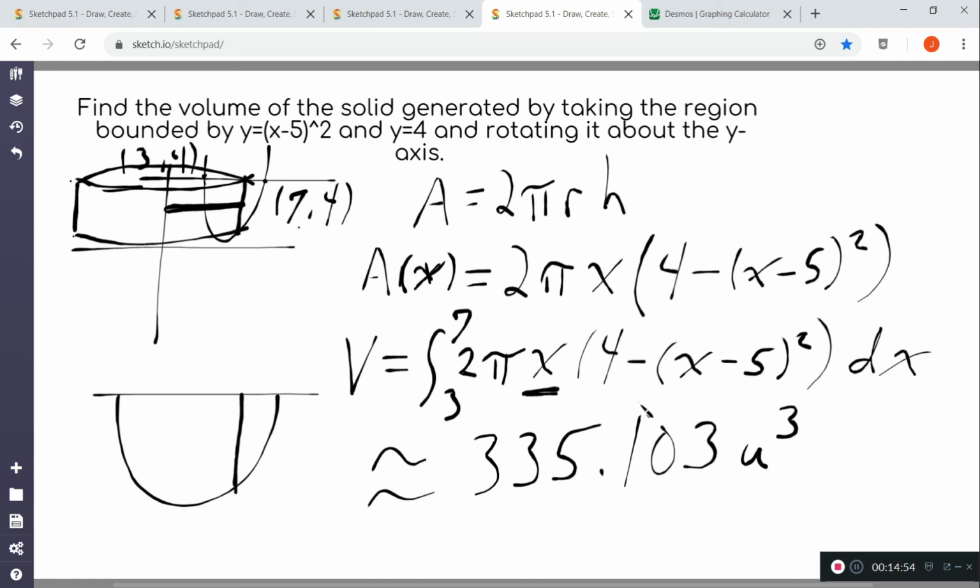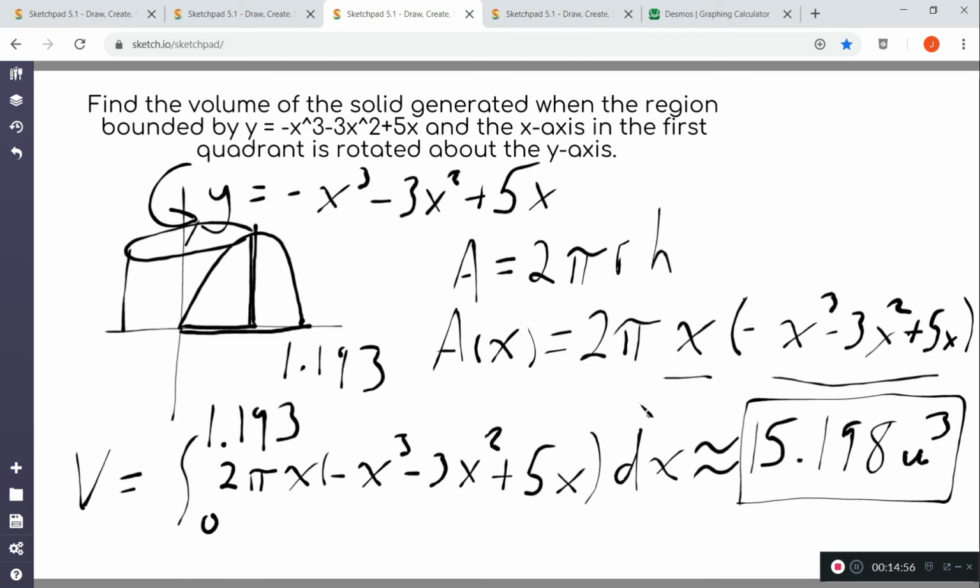If we go back and look at a previous example shortly, this graph, it never gets that far away from the y-axis. It only gets up to 1.193 units away, making for a shorter journey around, and thus less total volume.